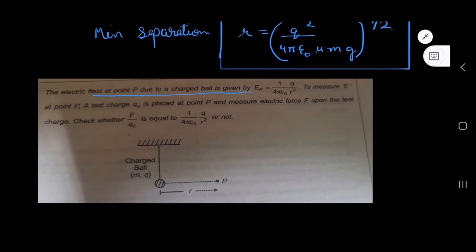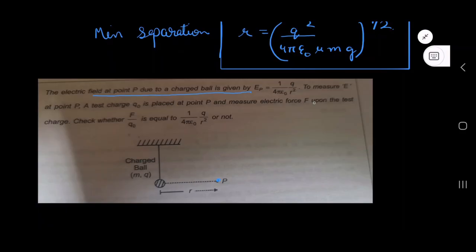First see what all you are given, and try to imagine or make the situation. So we are given here a charged ball, and it is given that electric field at this point P due to this charged ball will be, as we know, the expression kq upon r square. R is the distance given between charged ball and the point P.